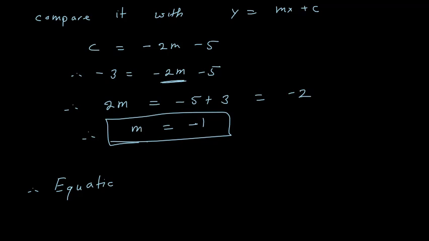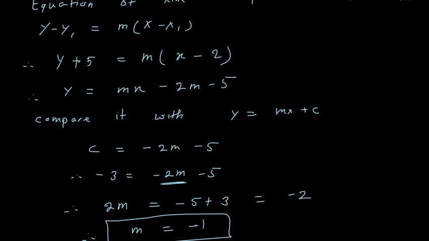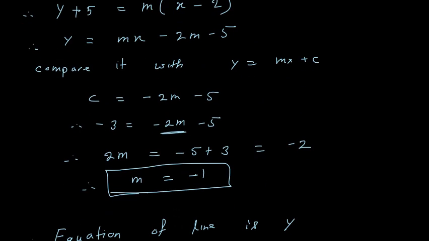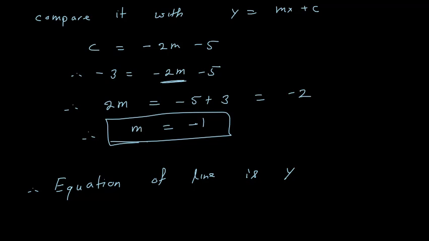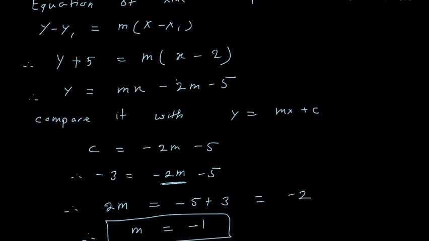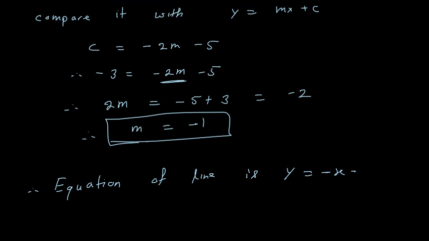y equal to mx minus 2m minus 5. So 2 into m, m is minus 1, and minus 5.